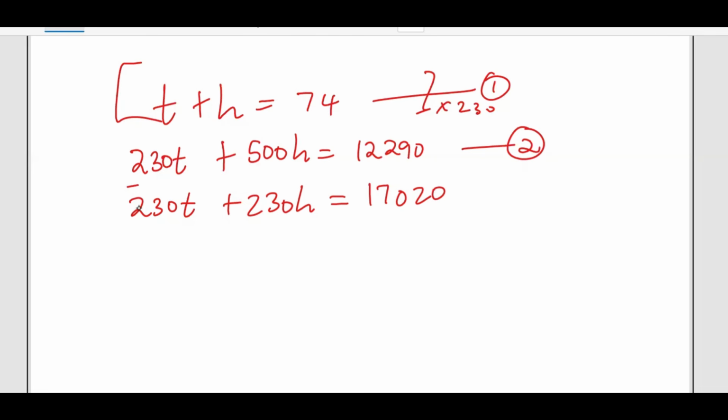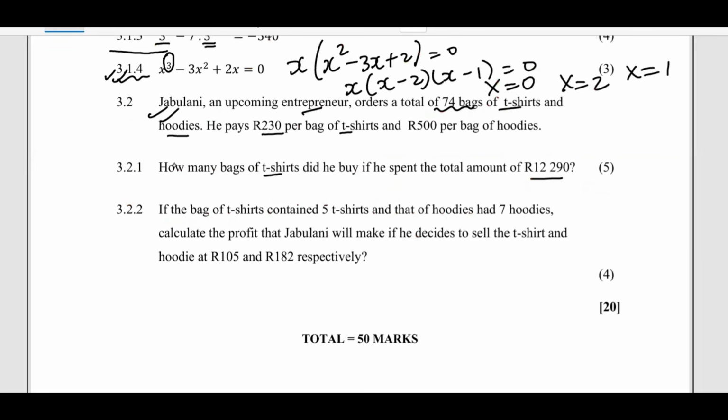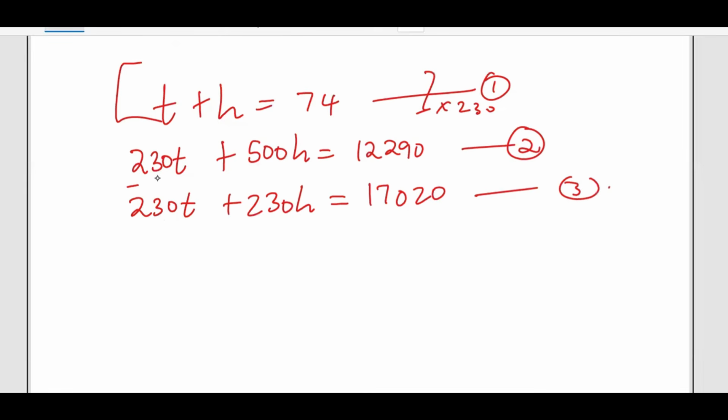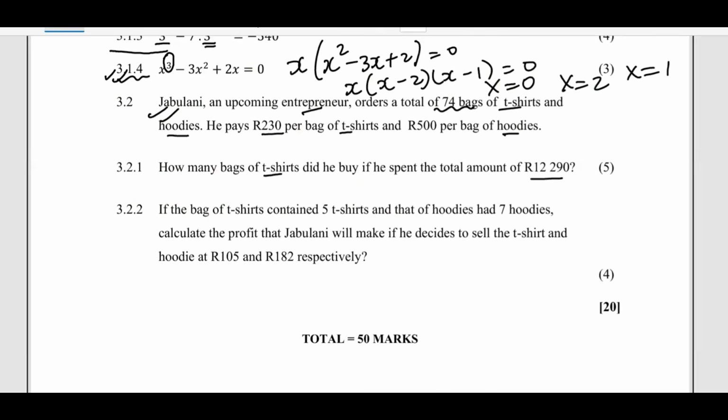Does that make sense? Okay, this is equation number 3. Does it make sense? 500 per bag of hoodies, 230 per bag of shirts, and then the total is 12,290.